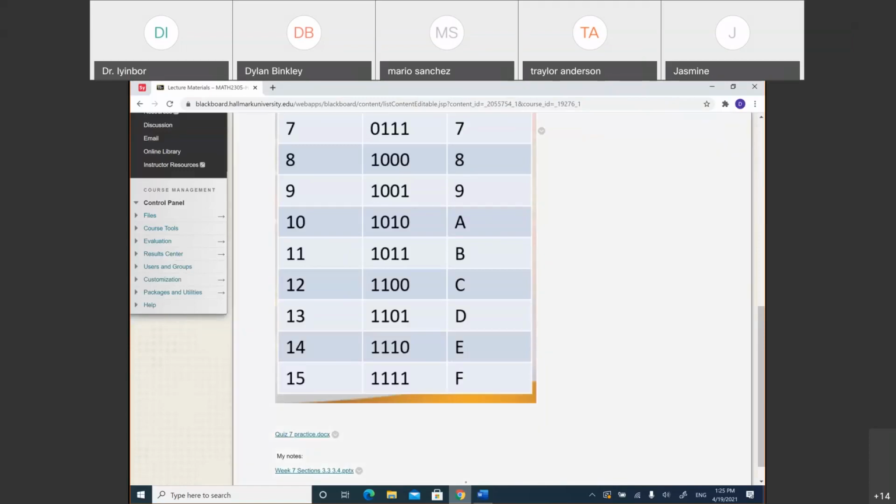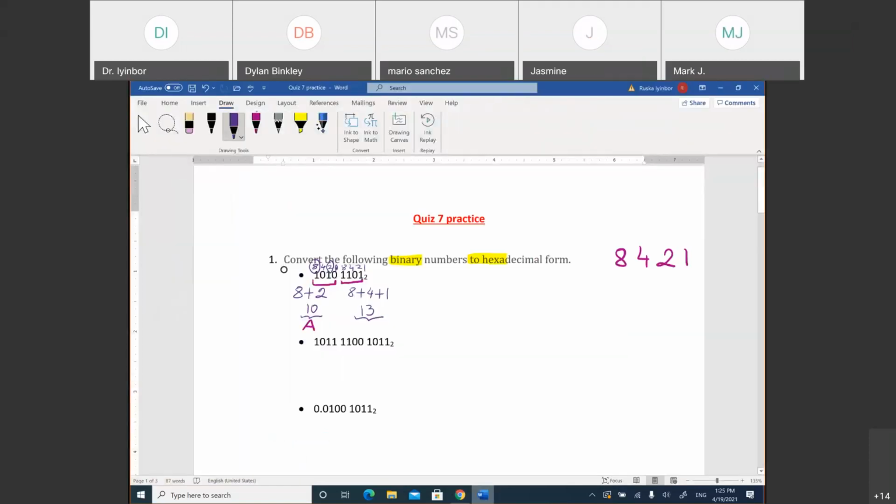The letter D. Okay? So my answer, when I transfer this binary number to hexadecimal, is going to be A, D, and make sure you put that little 16 in the bottom.